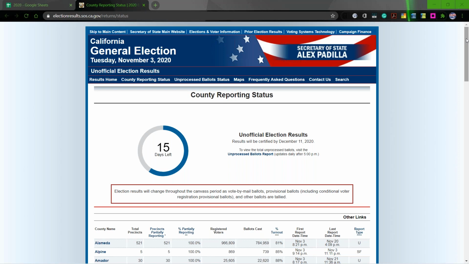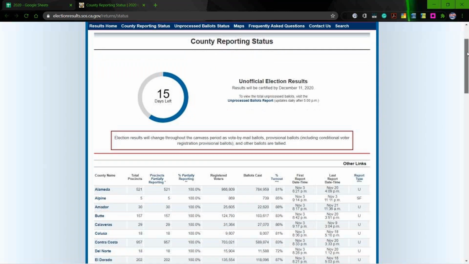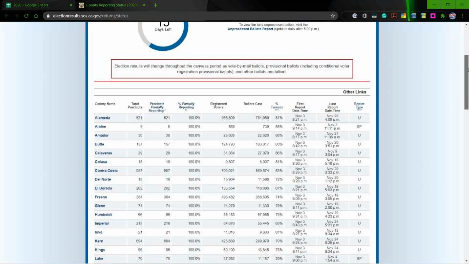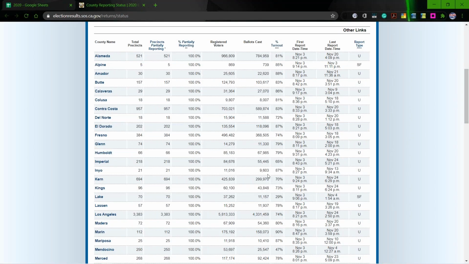Now, looking at this county reporting status, what you do see here is information that is current. As of right now, this information is true. This represents the total ballots that have been cast so far for each county compared to registered voters, which gives the percentage of the turnout.